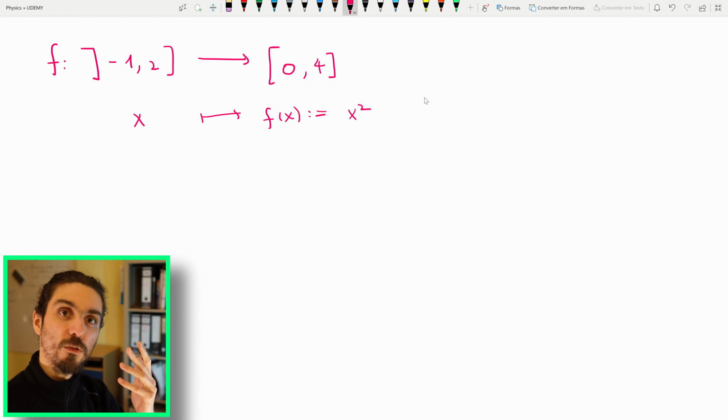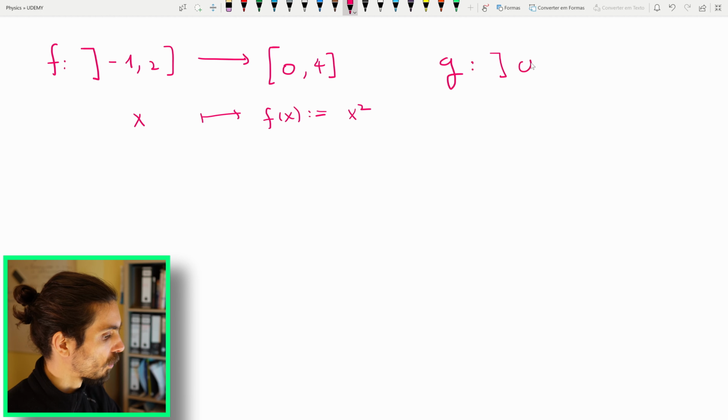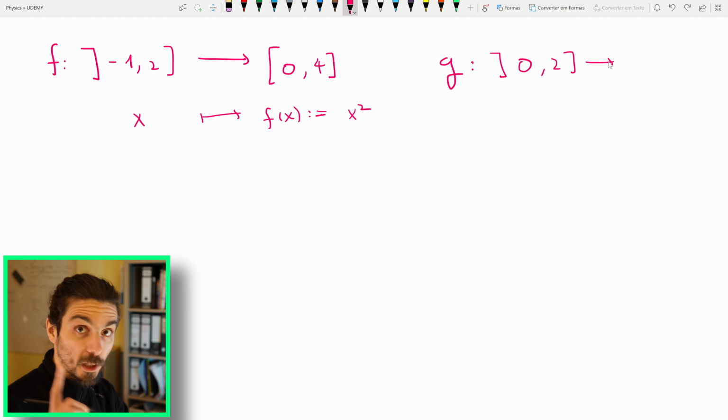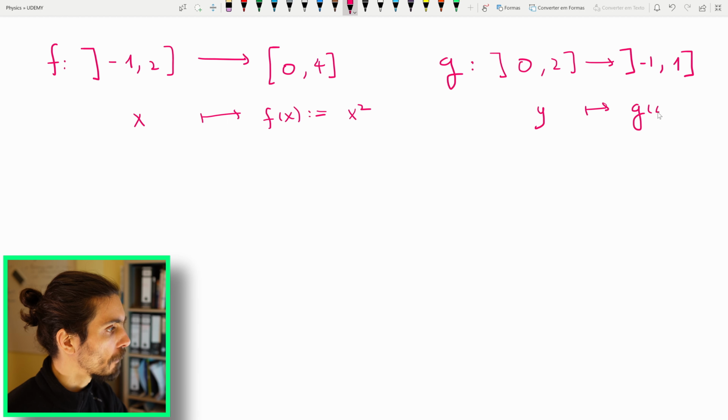For the second function, consider g, which maps from 0 up to 2 into -1 up to 1, and every y is going to be mapped into g of y, and g of y is the same thing as y minus 1.